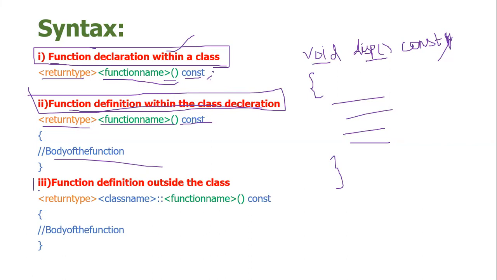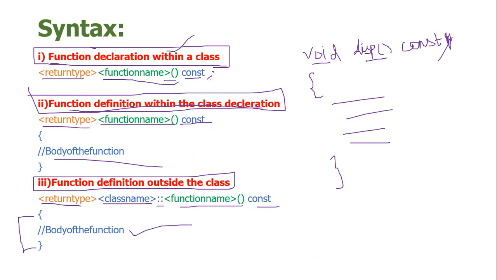What's the next one? Function definition outside the class. It has a return type, void or any valid data type, followed by the class name, the scope resolution operator, the function name, and the keyword const. You should have an open brace and close brace, and inside them the body of the function.